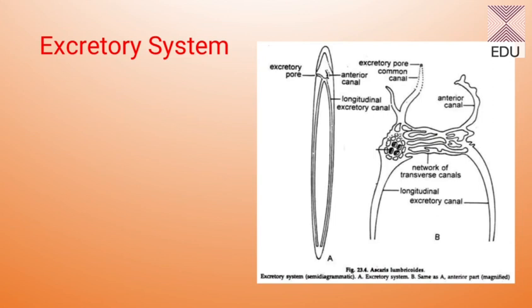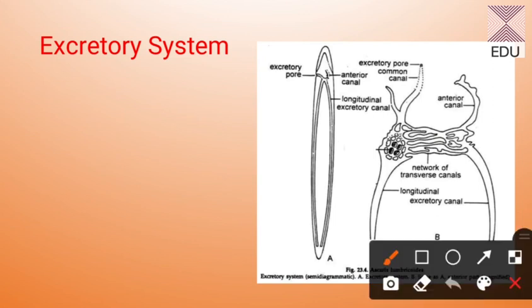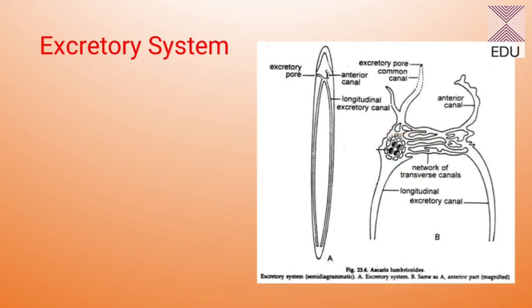If you see this particular structure, this is the nucleus of the renette cell, and this cell is forming the excretory system in Ascaris. This is a very, very important thing that you should know. So first of all, this is a system which is formed by a huge excretory cell.